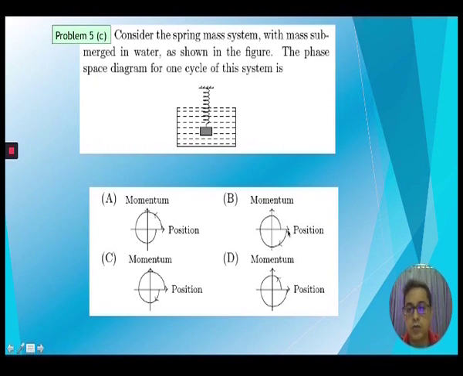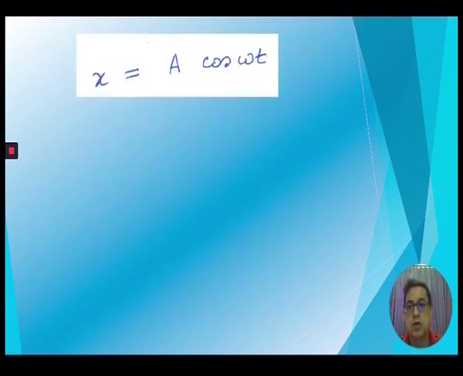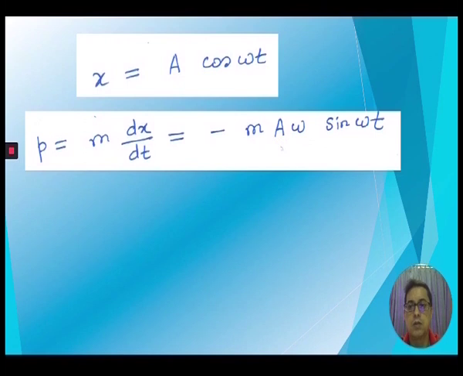In all the diagrams, you see the position starts from a non-zero value. So we can assume the position to have an expression like x is equal to a cos omega t. Now I just need to find the momentum, so I differentiate it once and get the momentum expression, which is minus m a omega sine omega t.